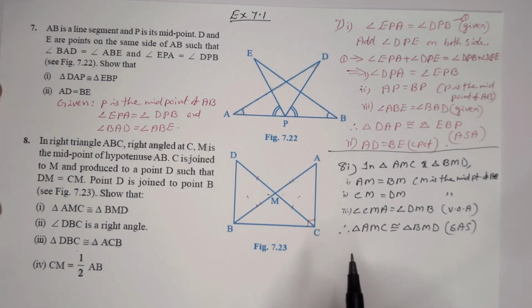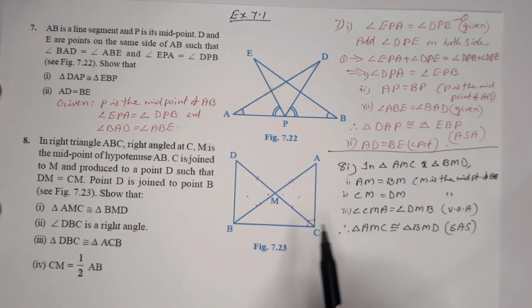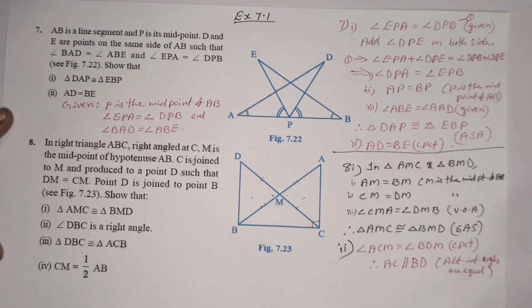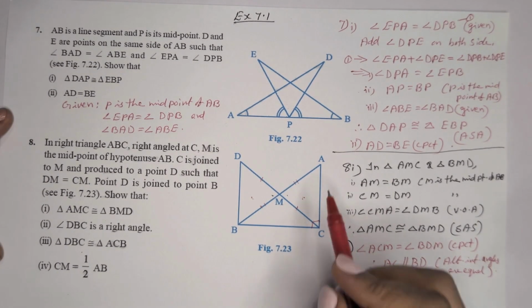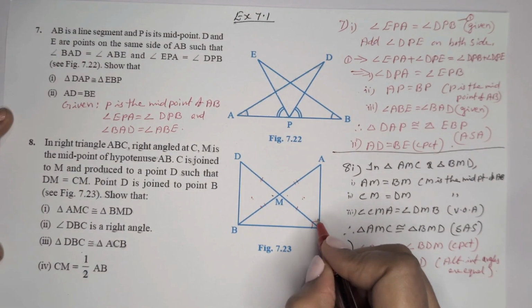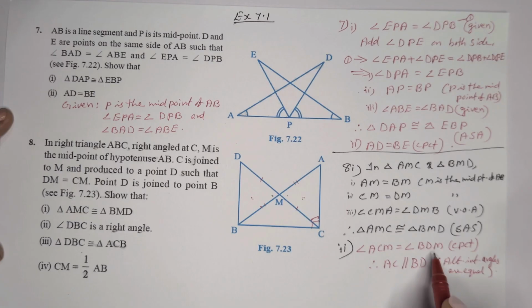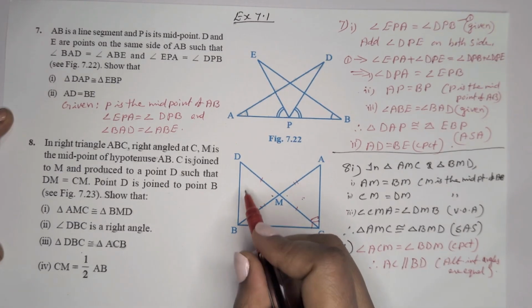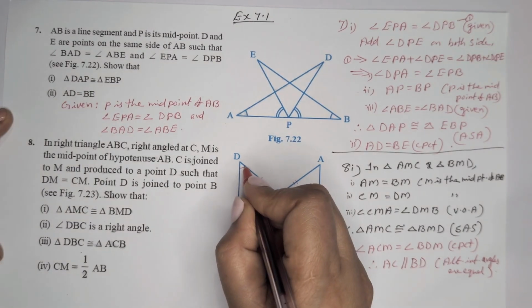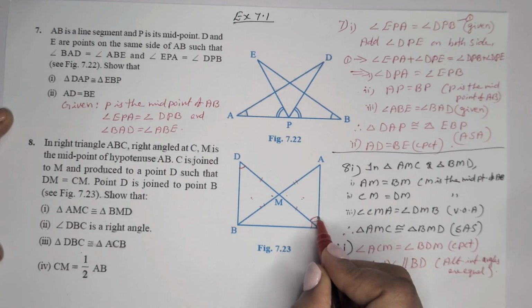Now second part, triangle DBC is a right angle. For that, from here we can write angle ACM, which means this angle is equal to angle BDM. These two angles are equal.